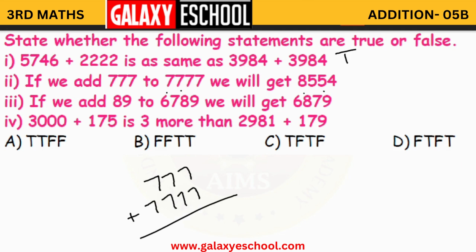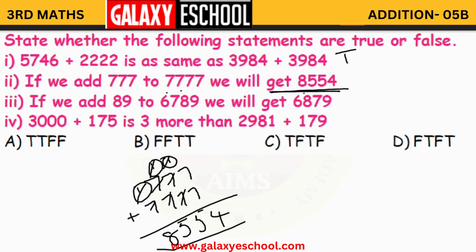Let us check. 7 plus 7 is 14, 1 carried. 1 plus 7 is 8, 8 plus 7 is 15, 1 carried. Now 7 plus 1 is 8, 8 plus 7 becomes 15. 1 plus 7 becomes 8. 8554. Even in the statement they are saying the same, right?